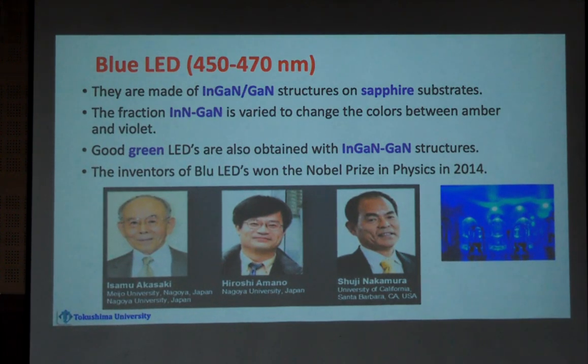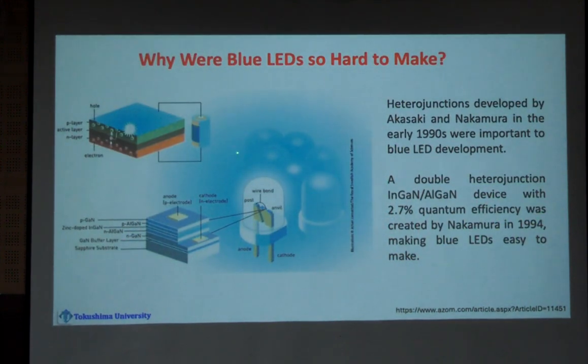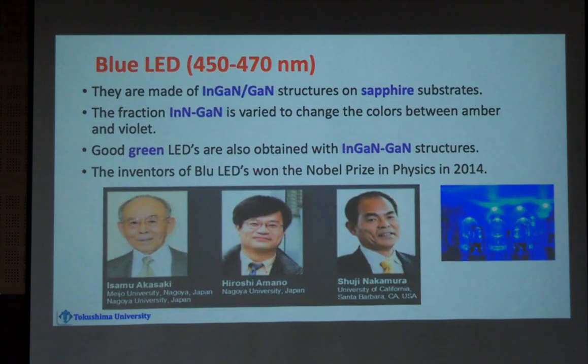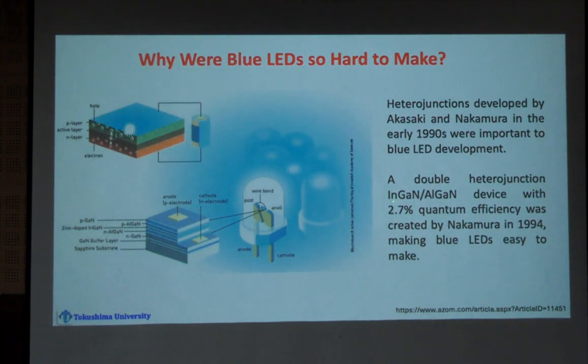Similarly, what he basically did, instead of using one type of layer, he used a heterojunction of indium gallium nitride and aluminum gallium nitride. That makes a lot of difference. Earlier there was only one layer, indium gallium nitride or gallium nitride, but he added indium gallium nitride and aluminum gallium nitride and made that junction, which improved the quantum efficiency.